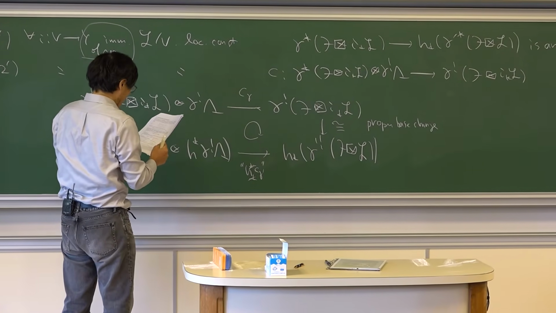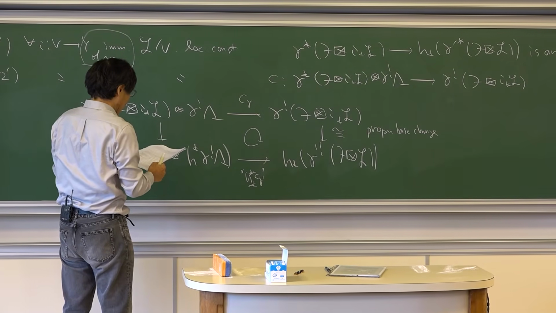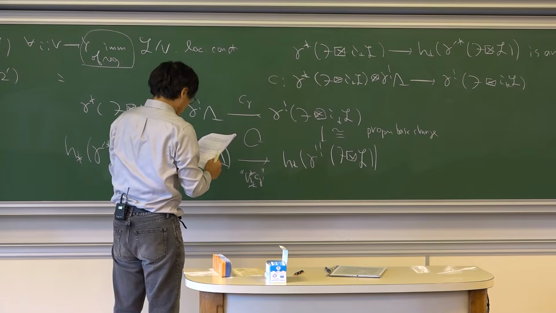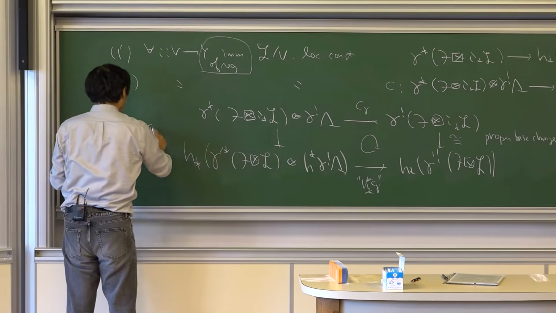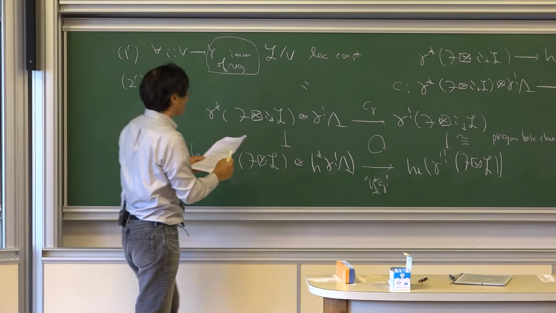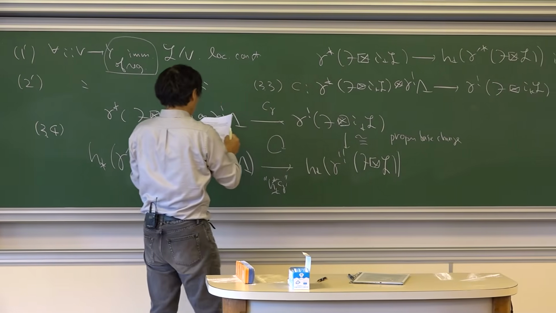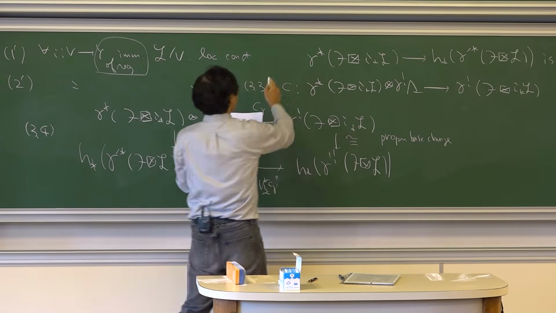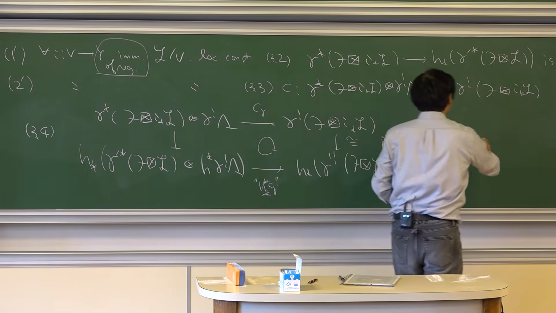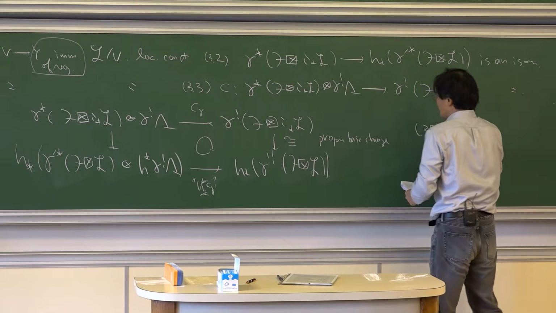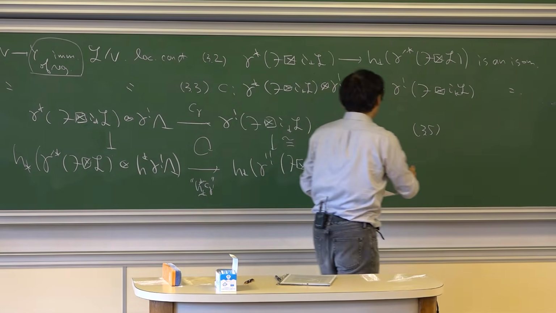Okay, so let me call. So in my notes, this diagram is 3.4, and this map is 3.3, and this is 3.2, and this 3.5 is this map before taking H star.